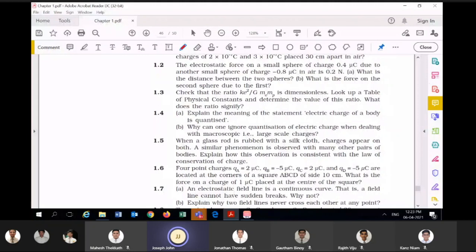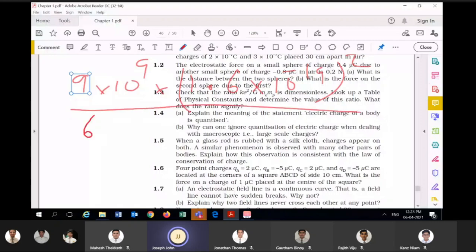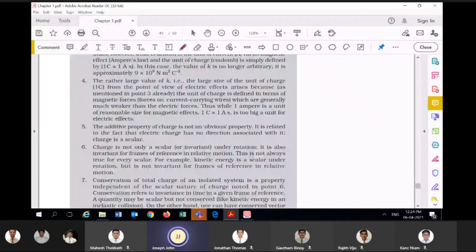Numerical value, 9 into 10 raised to 9 into 1.6 into 10 raised to minus 19, the whole square divided by 6.67 into 10 raised to minus 11 into 9.1 into 10 raised to minus 31 into 1.67 into 10 raised to minus 27. Simply put the values of that.